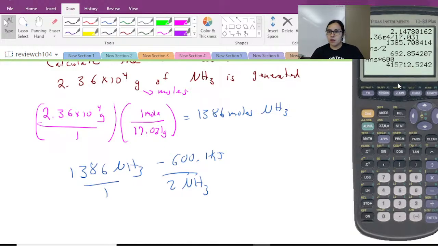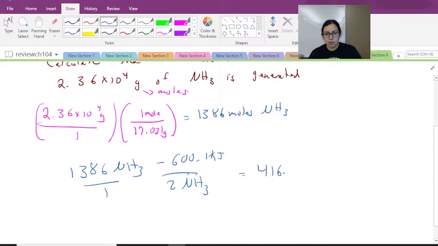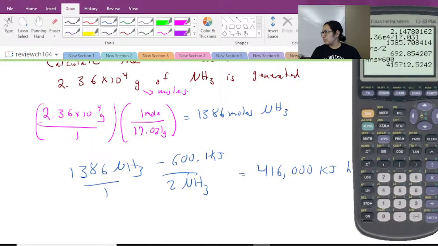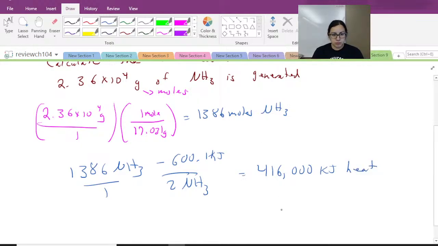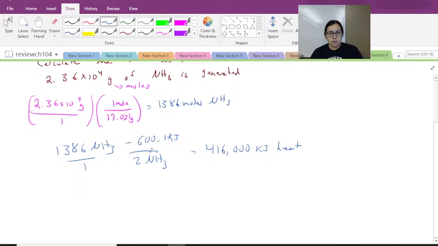So roughly 415,000 kilojoules. You can also set this up as a proportion: for every 2 moles of ammonia, it was 600.